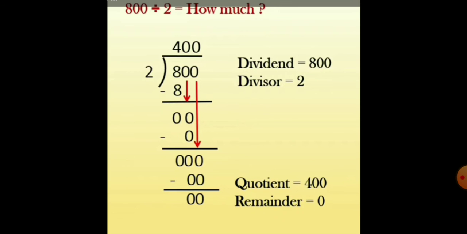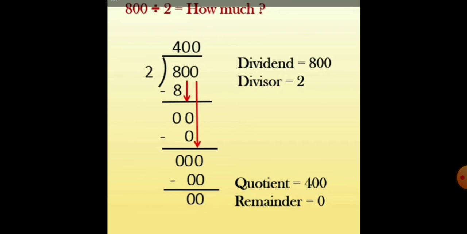Okay. Now I move to the next number, that is 0. So 0 is your neutral number that doesn't come in any of the tables. So I will do 2 zeros are 0. Okay, 2 zeros are 0 and 0 minus 0 is my 0. I come with the remainder 0 here. Now I will move to the third number, that is again 0.